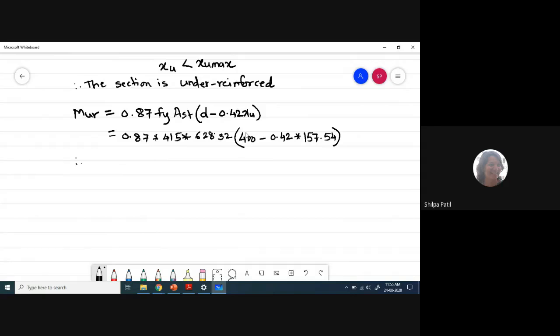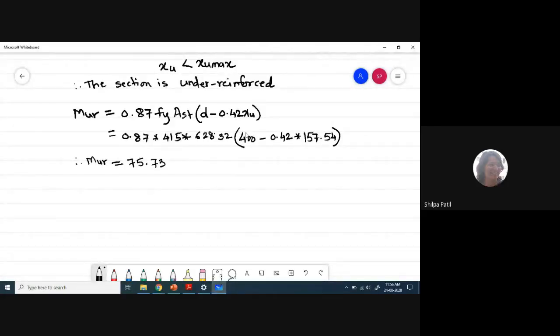So let us find out the MUR. It is 75.73 into 10 raised to 6, Newton mm.